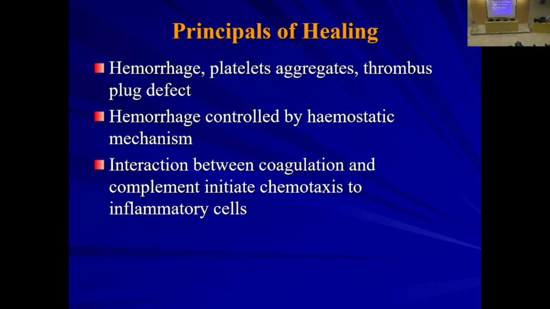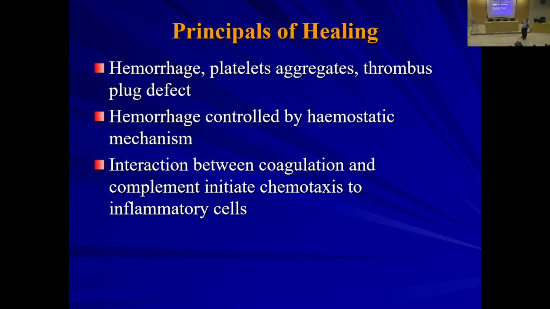Principally, if we have a fracture, if we have a wound to heal, that wound will be closed. It will contain a blood clot, like in the hematoma of the fracture, and with the blood clot there are platelets and thrombus formation which need to be removed.